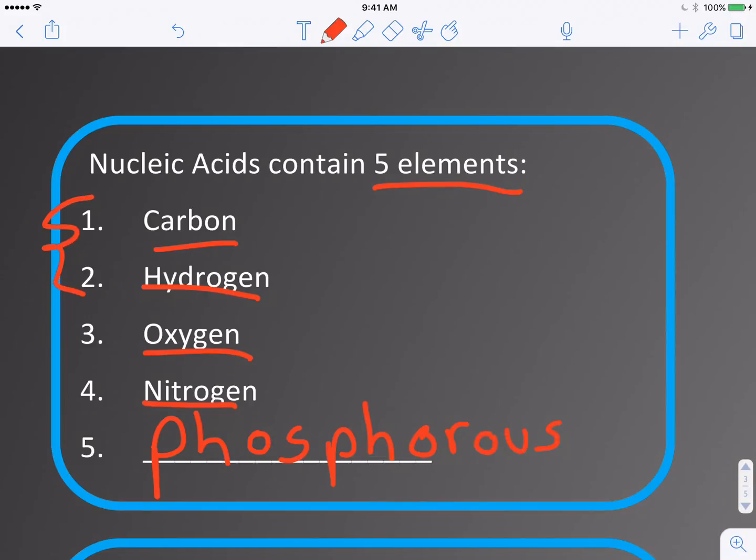Carbon and hydrogen here, we found those to be in our carbohydrates, right? Oxygen came when we added lipids to our macromolecule list. We added nitrogen when we started talking about proteins, and now finally we're adding phosphorus. So these nucleic acids contain all of the elements that we've talked about previously, in addition to what we're going to be calling a phosphate group.